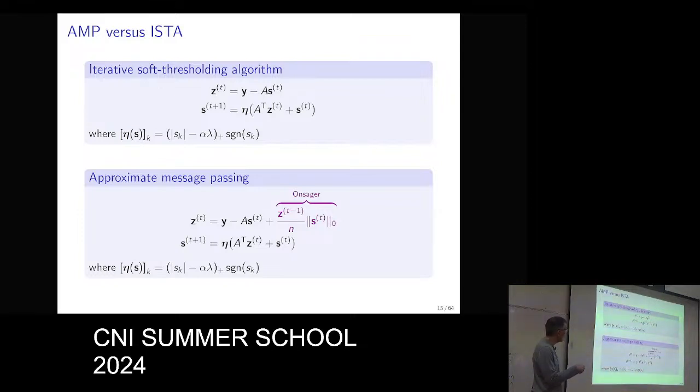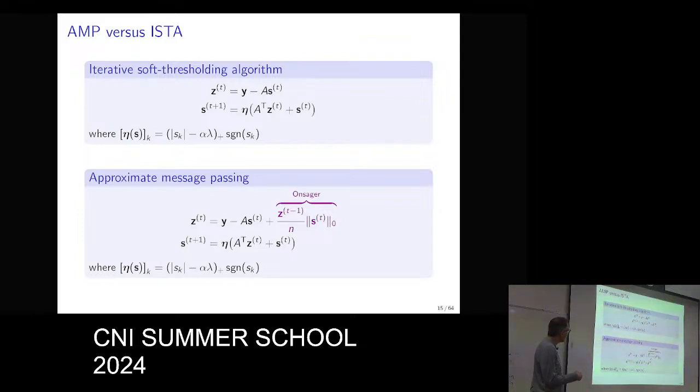You compute the residual, you compute your effective observation, and then you denoise it with this soft-thresholding function. So this has almost all that we want in terms of creating an AMP algorithm, except that it's missing the Onsager term. Luckily for us, the Onsager term, if you think about it, for this particular function is fairly easy.